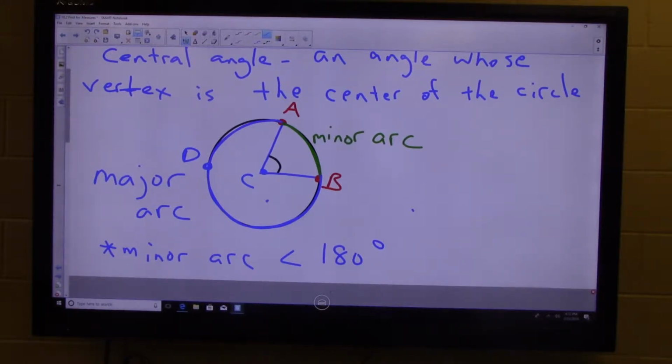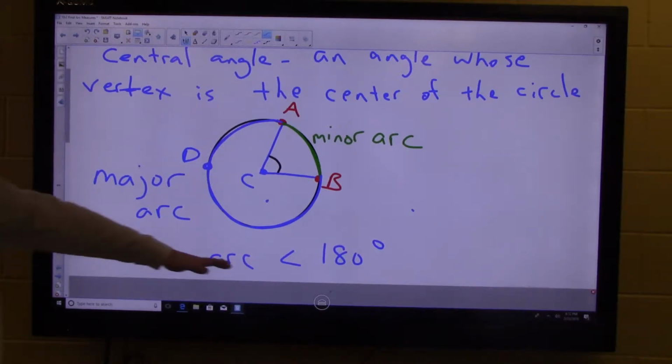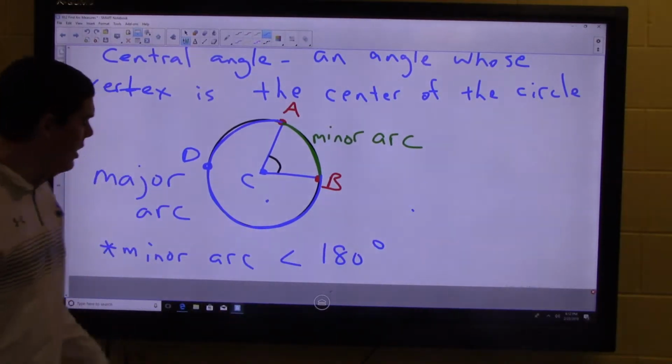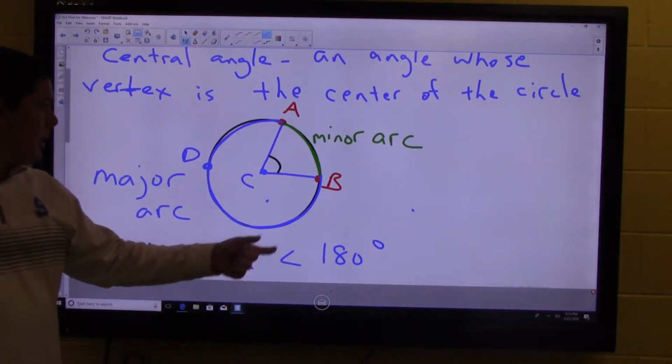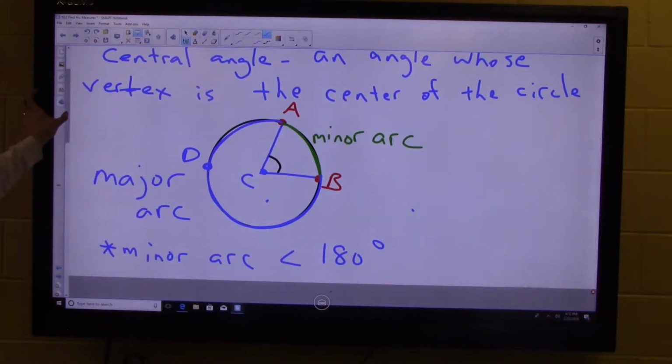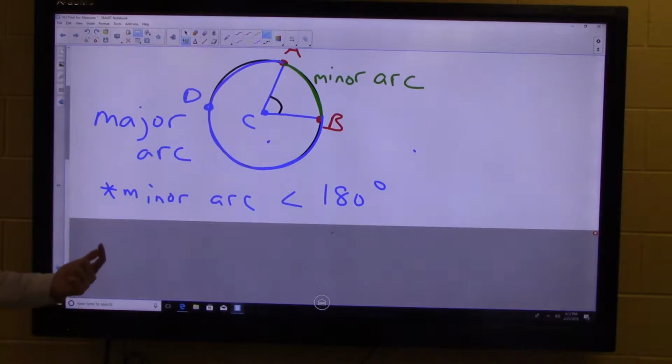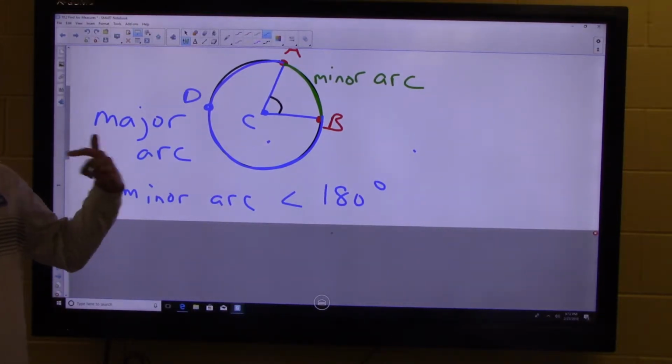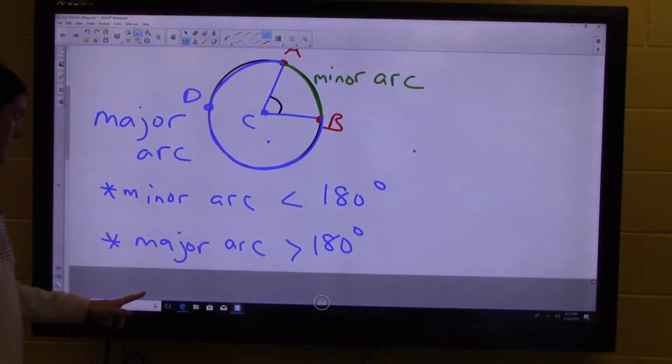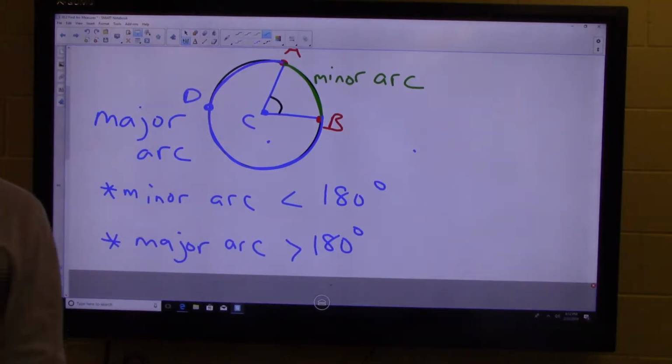The answer is 360. There are 360 degrees in a circle, so a minor arc is less than half the circle, less than 180 degrees. And a major arc, you might be able to guess, is an arc that is greater than 180 degrees.